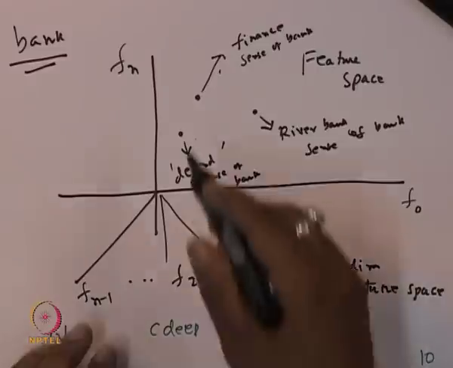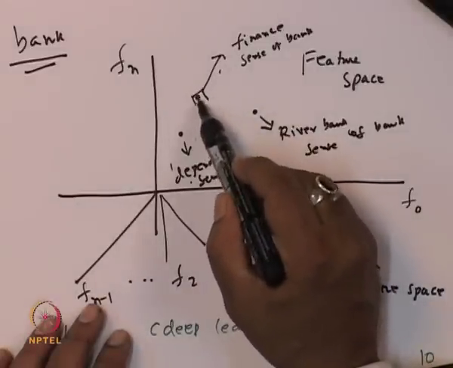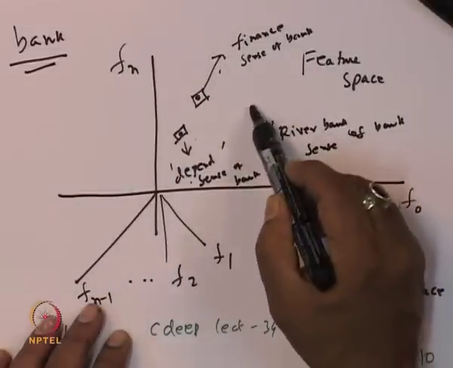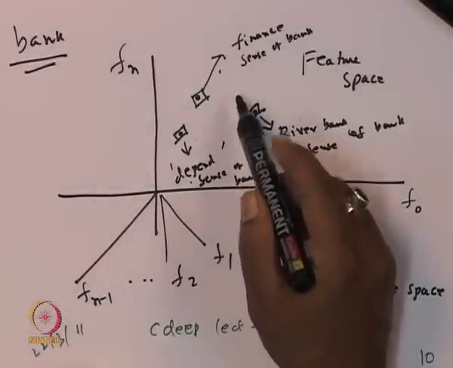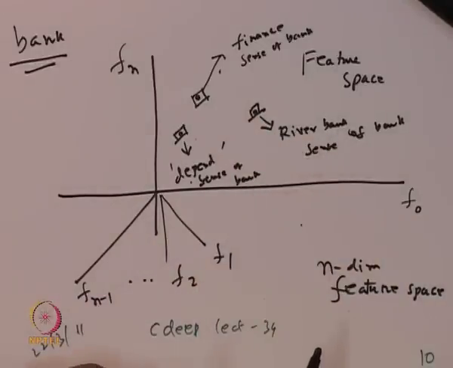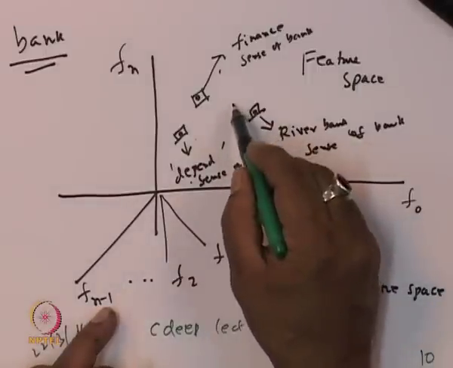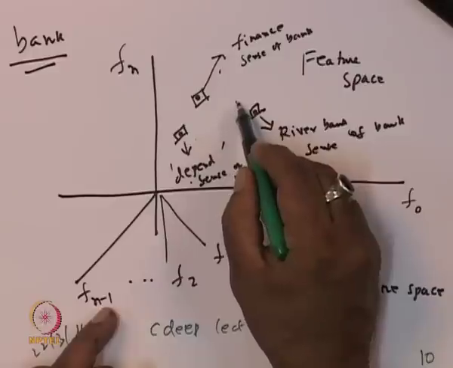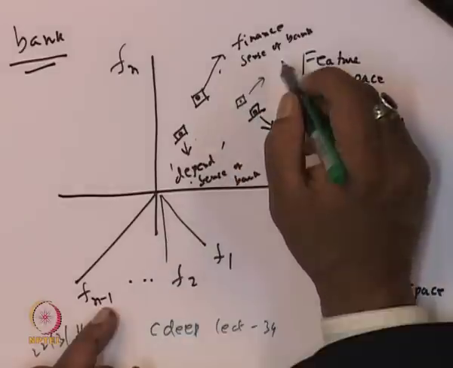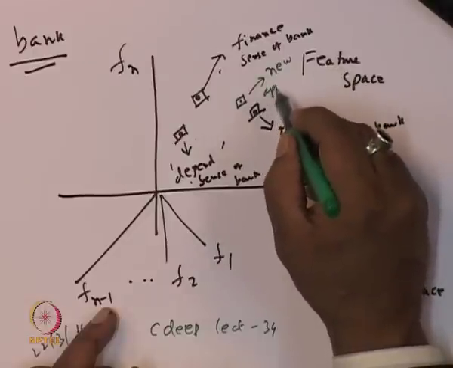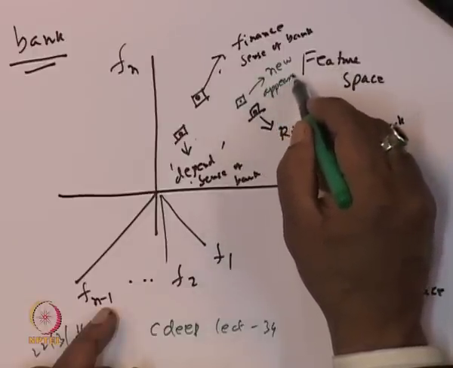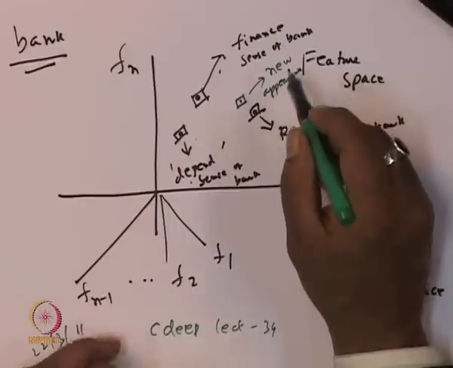So, what happens is, when a new sentence comes in and the word bank is present in that, we get a feature vector and the corresponding point for the new appearance. Okay.